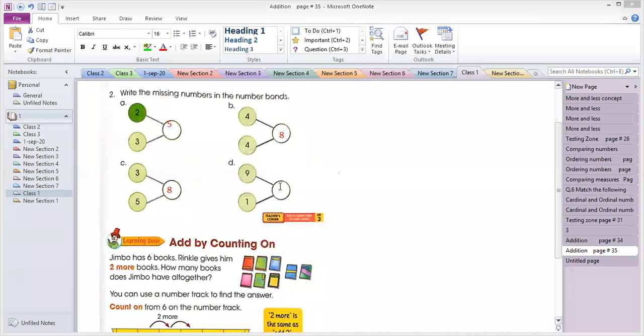9 and 1 are the parts. What is the total? 9 and 1 gives you what number? If there are 9 bananas and 1 orange, how many total fruits are there?